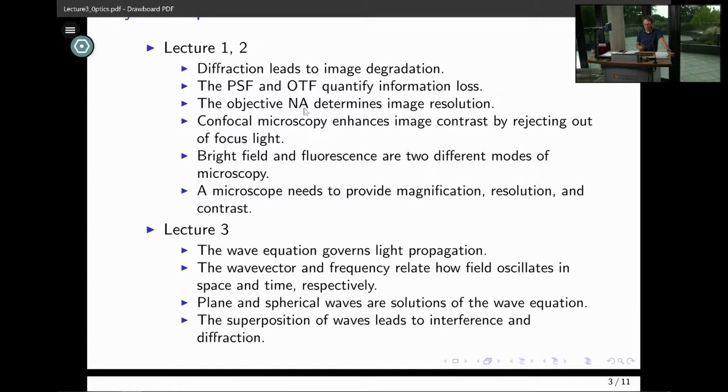So in lecture 1 and 2 we talked about diffraction. We could see how diffraction leads to image degradation by cutting out information from the sample that isn't captured by the numerical aperture of the objective lens.